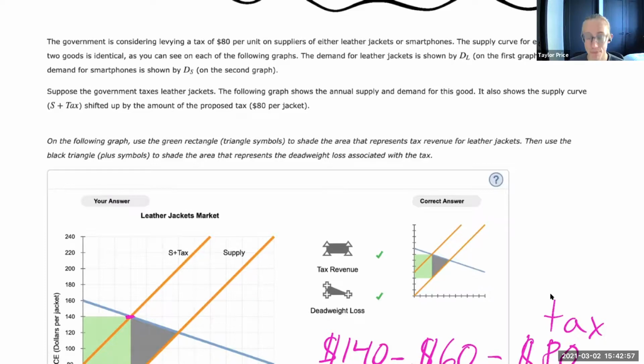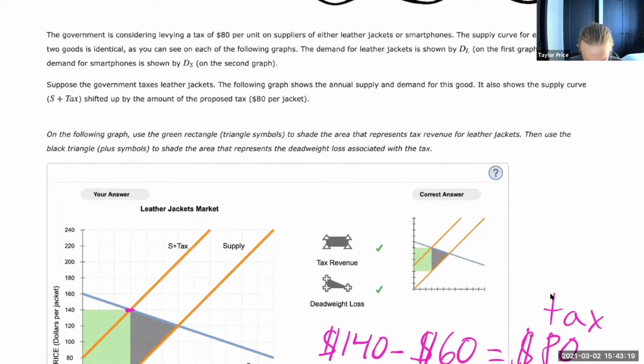Okay, so in this example, the government is considering levying a tax of $80 per unit on suppliers of either leather jackets or smartphones. The supply curve for both of the goods is identical. The demand curve, though, is slightly different.